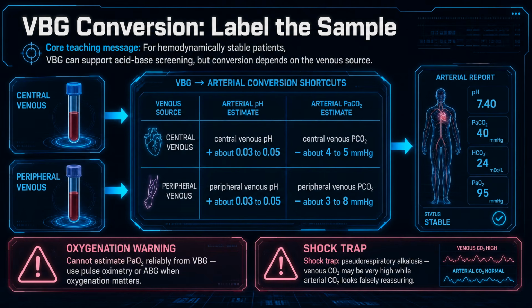For peripheral venous carbon dioxide, subtract about 3 to 8 millimeters of mercury. But remember the hard stop. Venous oxygen tension cannot reliably estimate arterial oxygen tension. Also, in shock, venous carbon dioxide may be very high while arterial carbon dioxide looks deceptively normal. That is the pseudo-respiratory alkalosis trap.